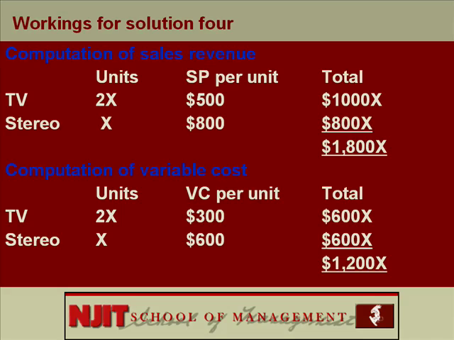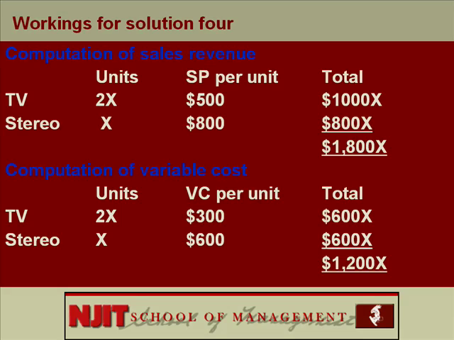If you compute variable cost, 2X for TV, 2X at 300, 600X. For stereo, X units at 600, 600X. So the variable cost is 1200X, and you stick that in the equation, and you get your answer.